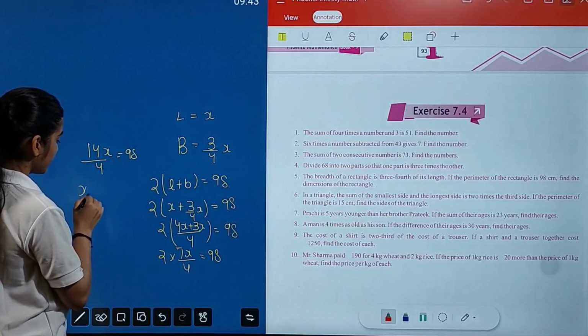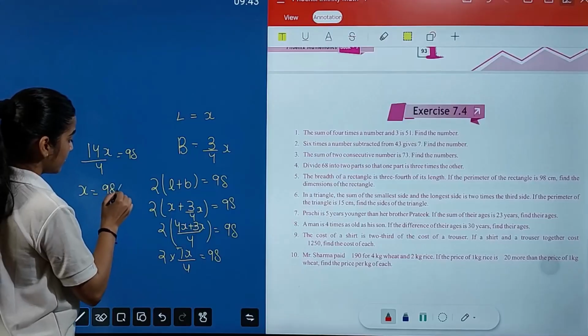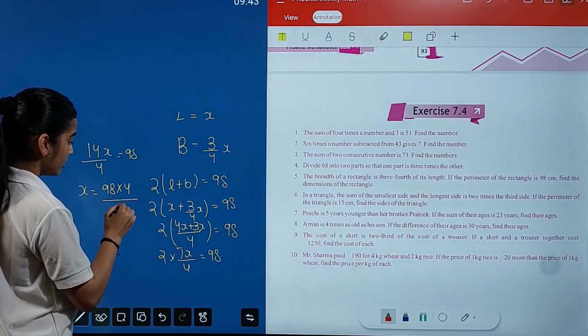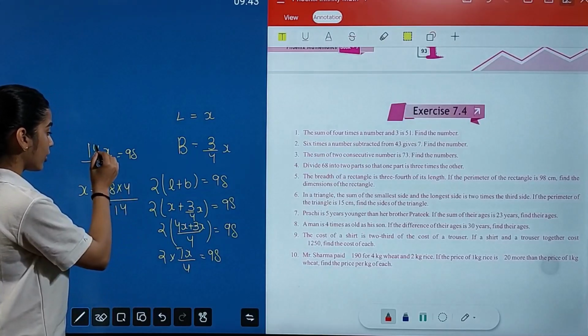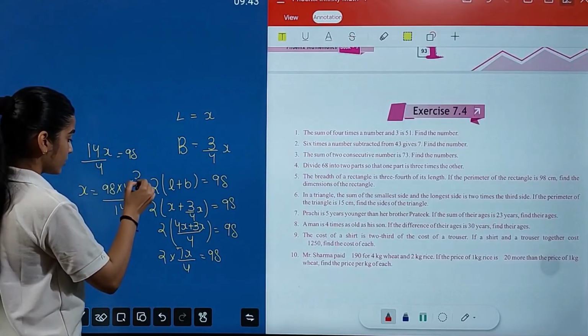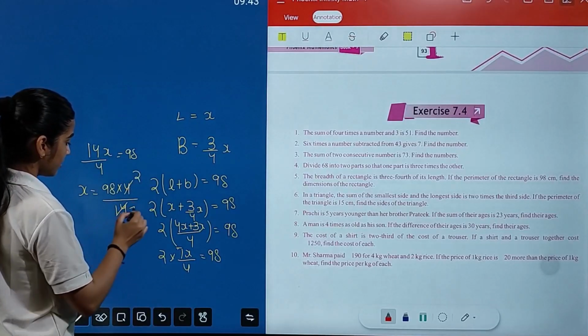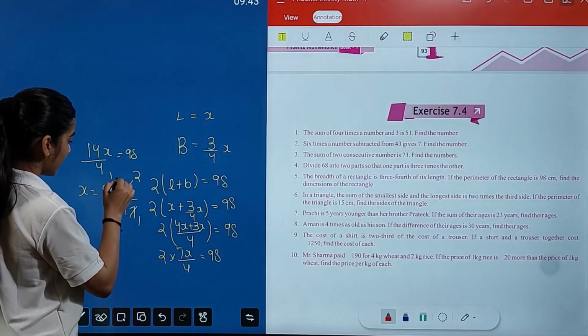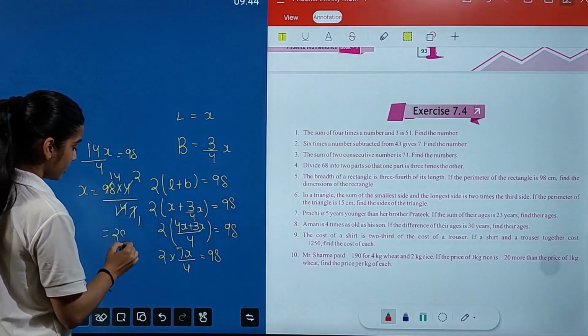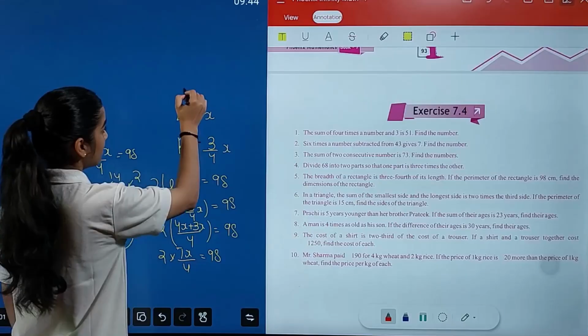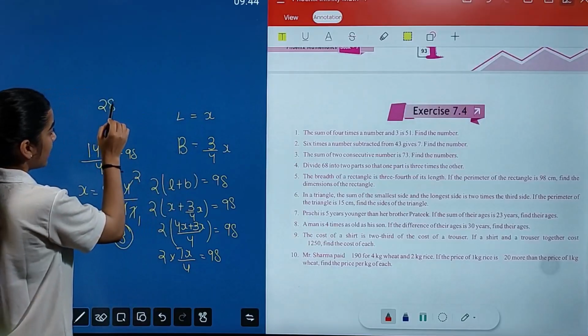So x is equal to 98 multiplied by 4 divided by 14. 14 sevens are 98, and 4 times 7 is 28. 28 is the length.